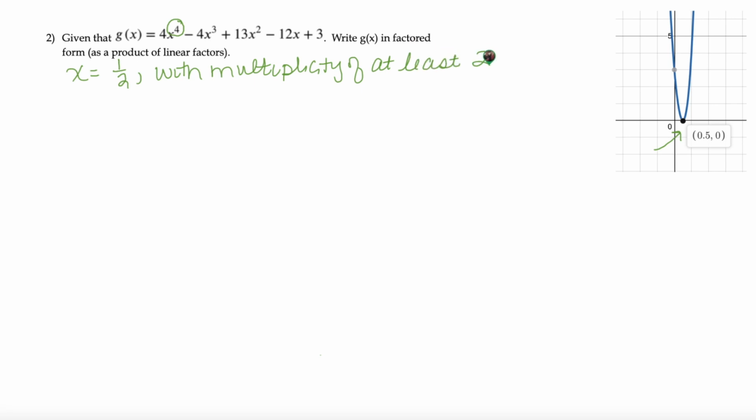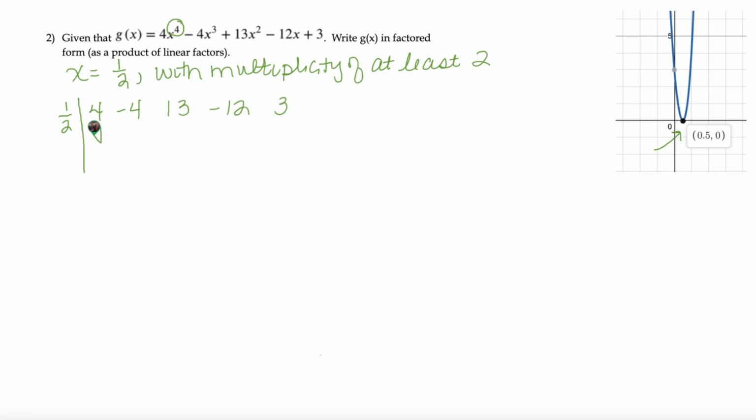So let's use synthetic division to break down our solutions even further so that we can get a reduced polynomial. I'll start out with 1/2 on the outside and then bring in my coefficients 4, -4, 13, -12, and 3.